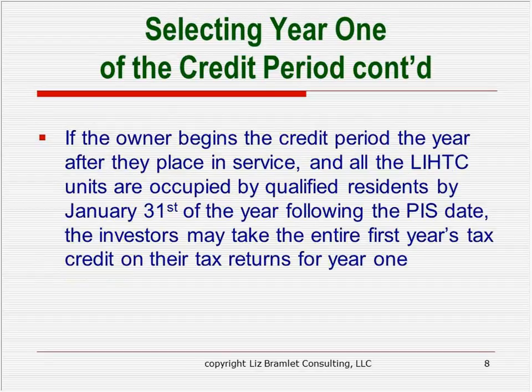But if it begins the credit period the year after place in service, and if all the tax credit units are occupied by qualified residents by January 31st of the year following the placed in service date, the investors will be able to take their entire first year's tax credit on what will be year one of the credit period.